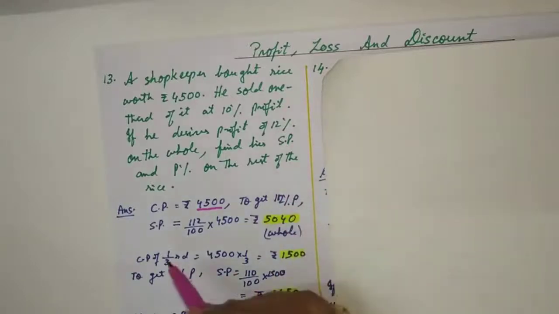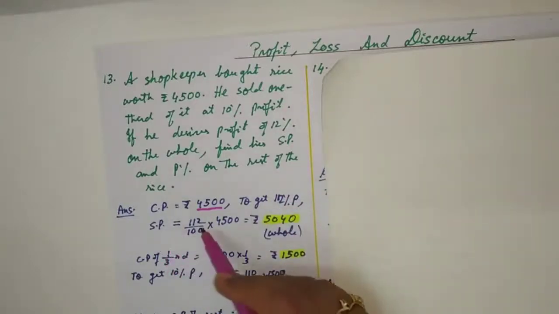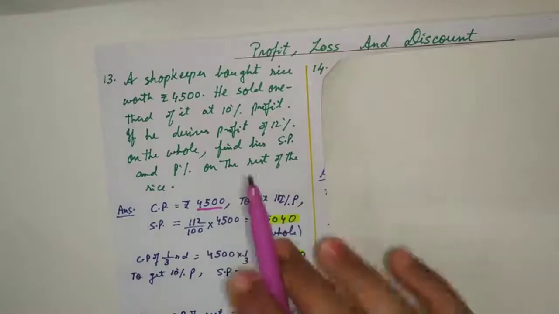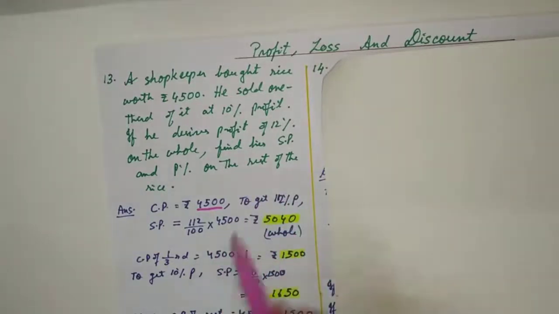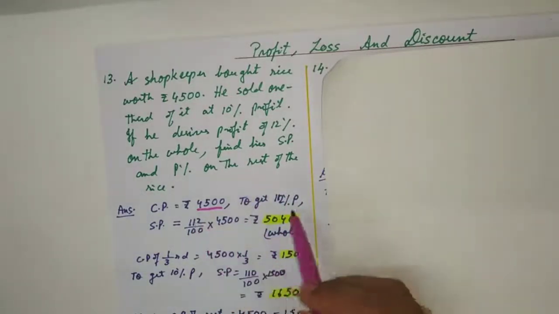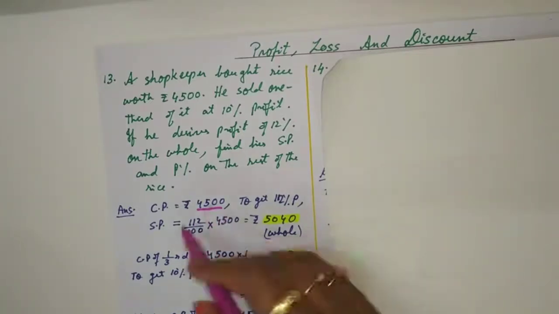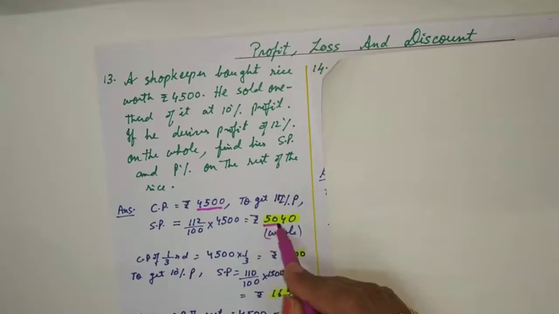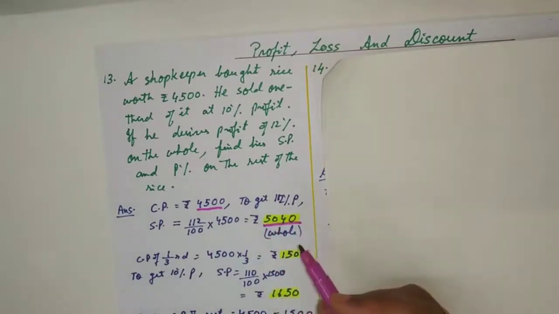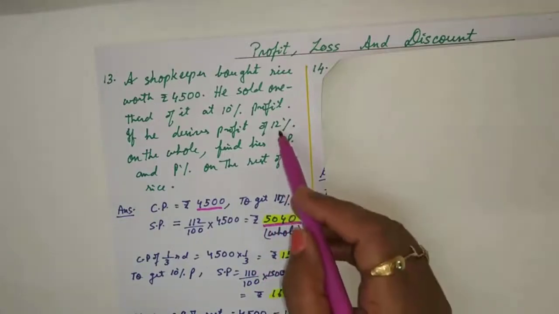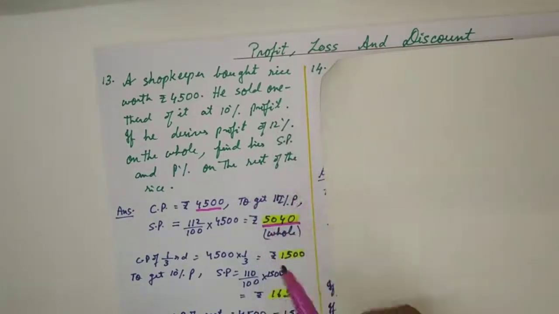So his total selling price should be 100 plus profit percent by 100 into CP. I have not repeated the question, children, but again, don't make this mistake. You should write it. So 100 plus 12 is 112 by 100 into 4,500. Calculation, cancellation, and the answer is 5,040, which should be the selling price in order to profit 12% on the whole transaction.